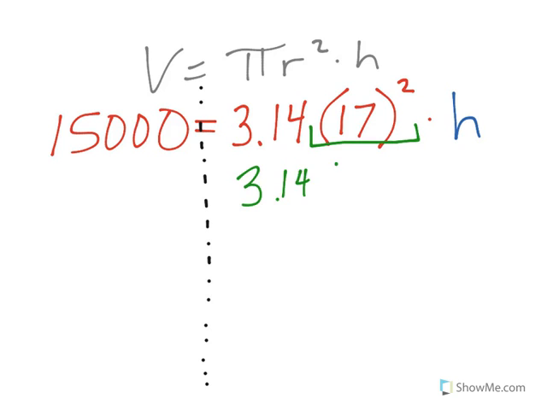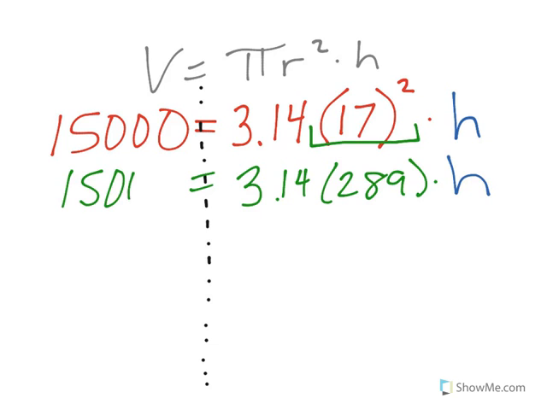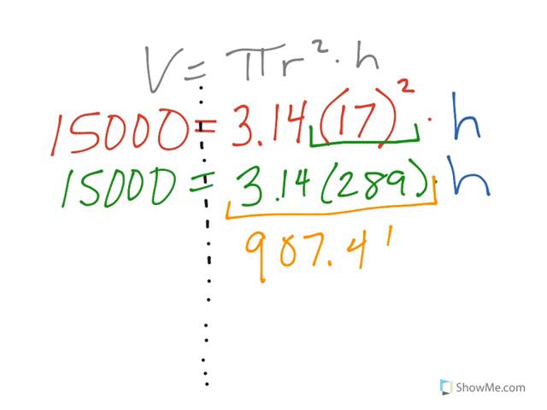So 3.14 times 289 times our unknown h still equals 15,000. We're just simplifying at this point. Now I can multiply these two pieces together. When I multiply 289 by 3.14, I get 907.46, and that's multiplied by h, still equals 15,000.